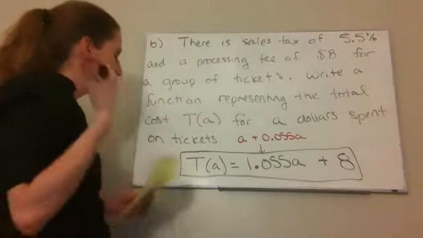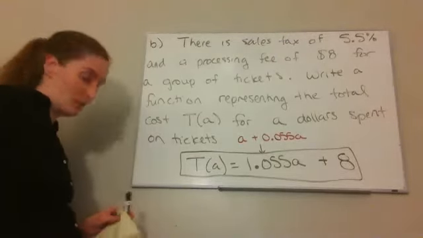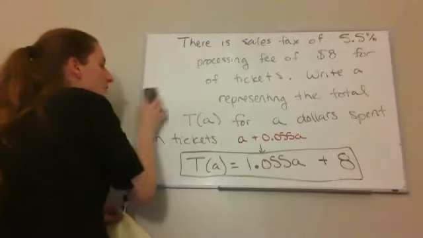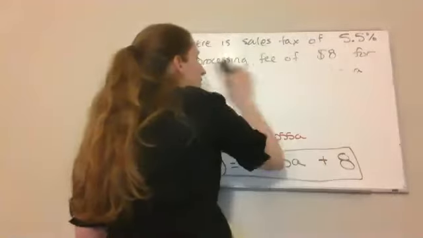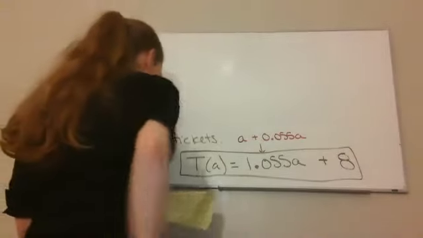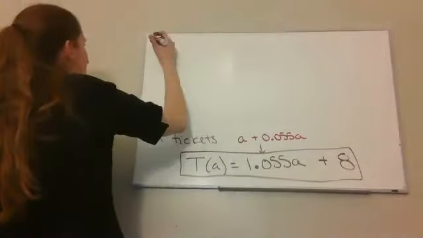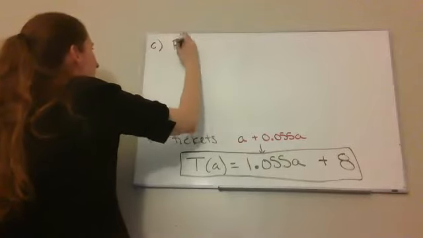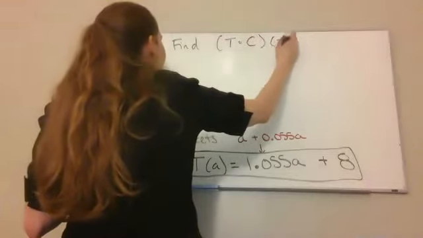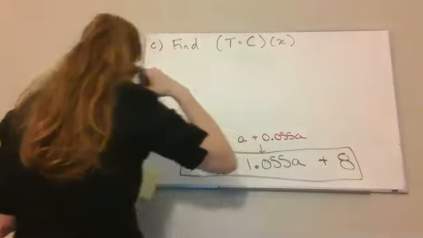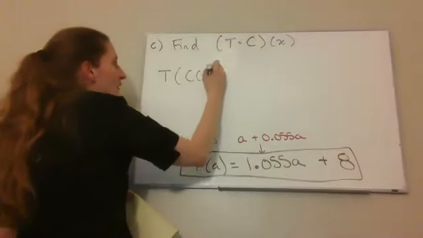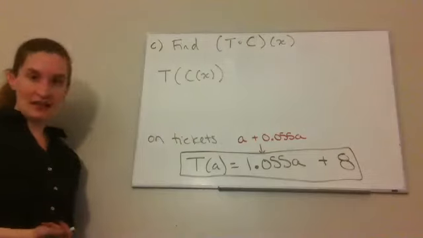So now part C is where we actually are going to get into the function composition. Part C says find T of C of X. So the first thing I would do is rewrite it as T with C of X plugged into it like that.